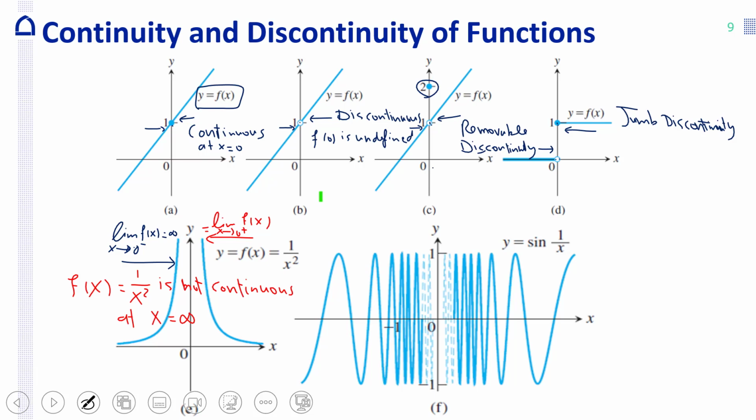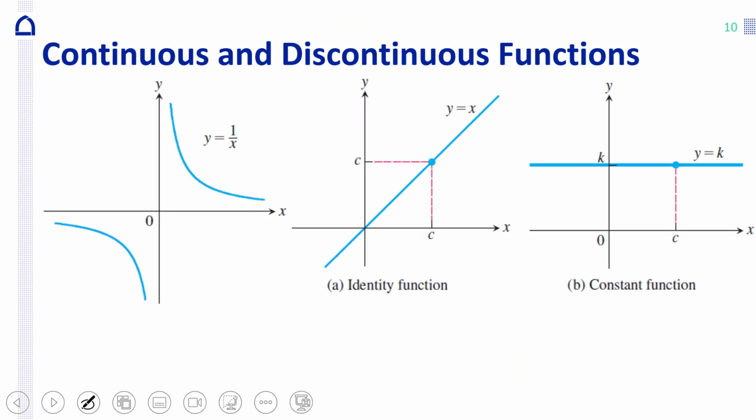Okay, let's go to the last one, y equal to sine of 1 over x. We have a problem at x equal to 0. The angle is undefined, so we cannot know the value of the function. So this is a discontinuity. For the function y equal to 1 over x, the left limit when x tends to 0 from the left is negative infinity.